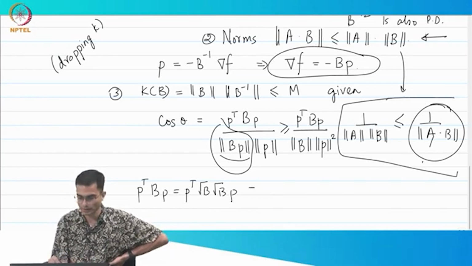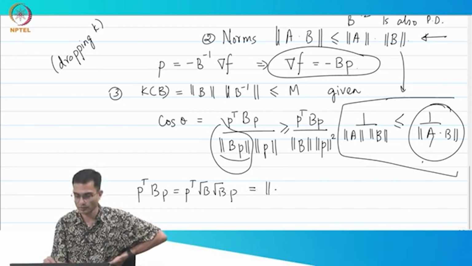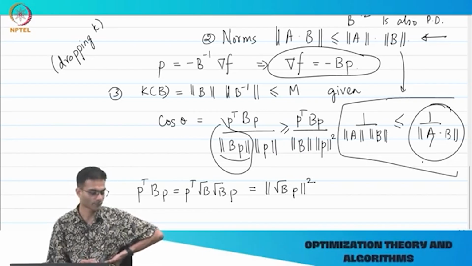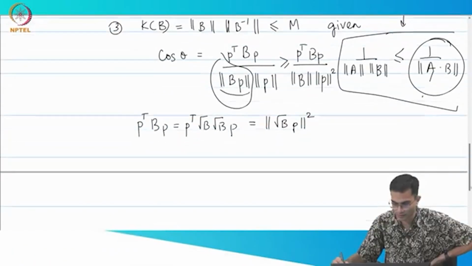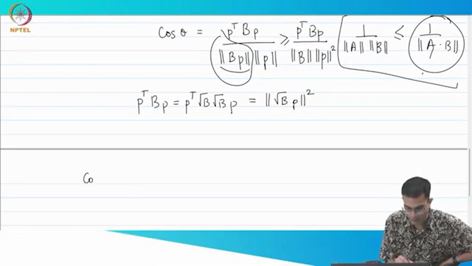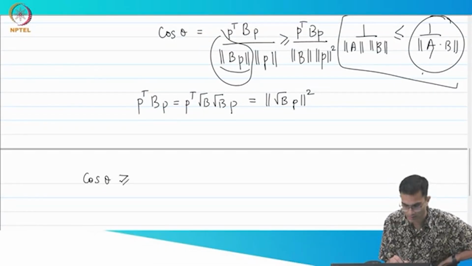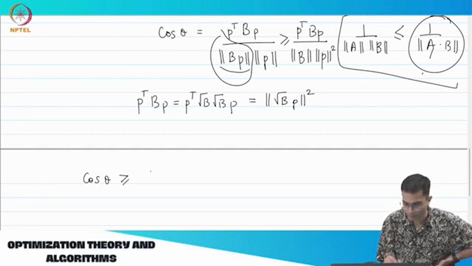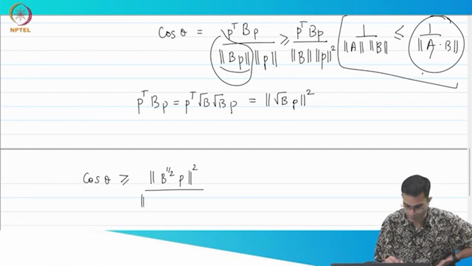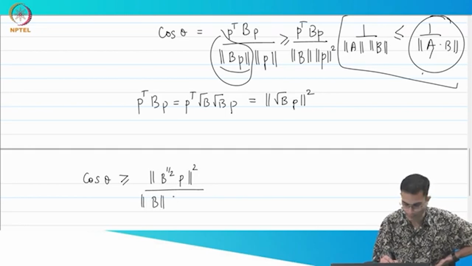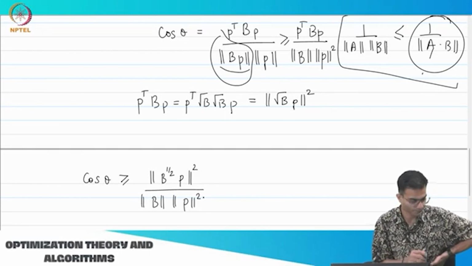So this can therefore be written as norm of root B P whole squared. So I'm trying to simplify this numerator expression. So I get cosine theta is greater than or equal to norm of B to the half P squared, and in the denominator I have norm of B and norm of P squared.